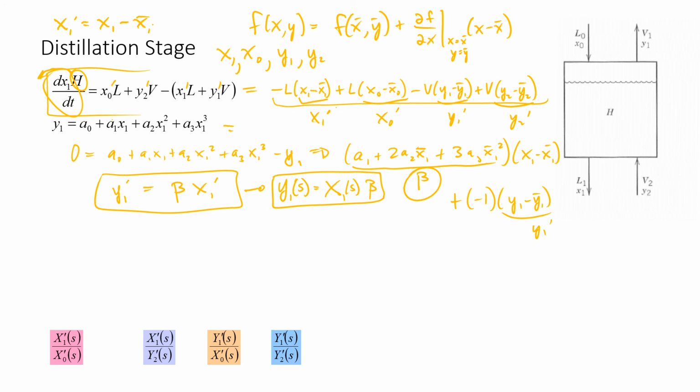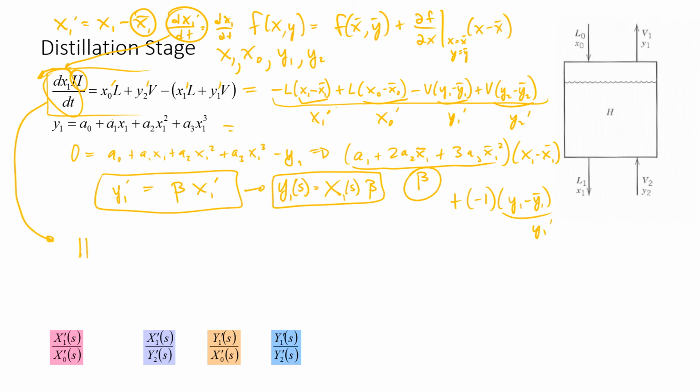If I take the derivative of both sides, this one's constant, so the derivative of that is going to be equal to 0. So dx1 prime/dt equals dx1/dt. I can just substitute that in and put that in deviation variable form as well. Okay, so let's go ahead and take the Laplace transform of this one.